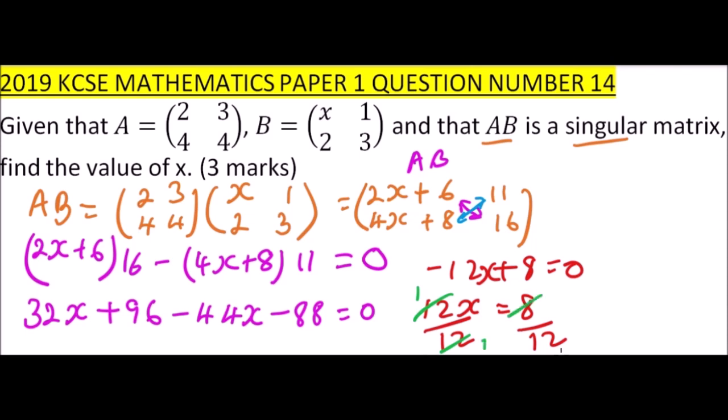Then 8 divided by 4 is 2, and 12 divided by 4 is 3, implying that our x is equal to 2 over 3. So that is how you work out that question, with the knowledge that you need to be able to solve this question. So you are welcome.